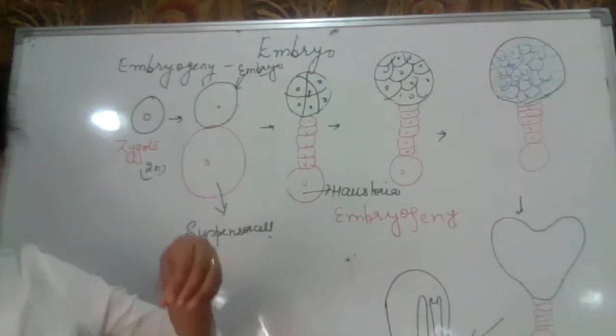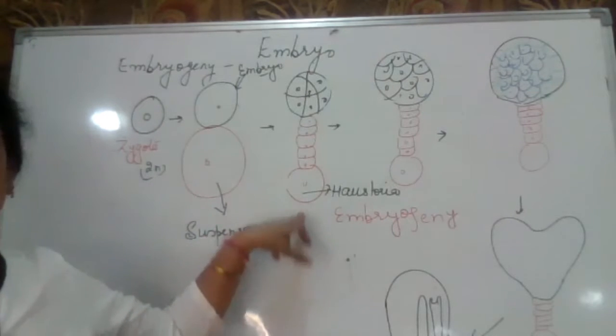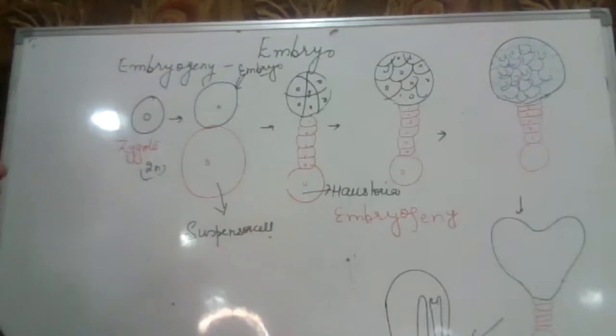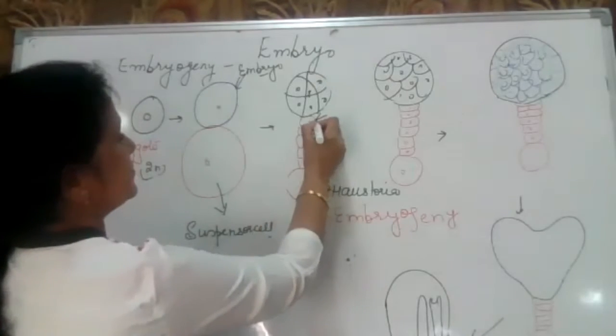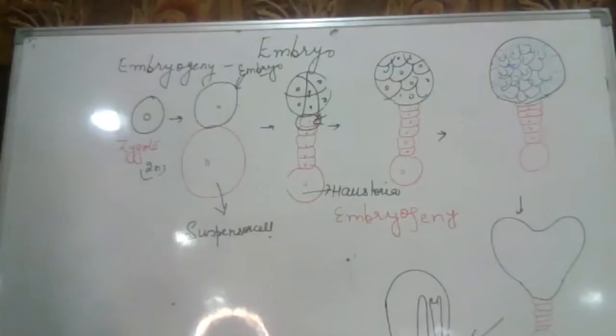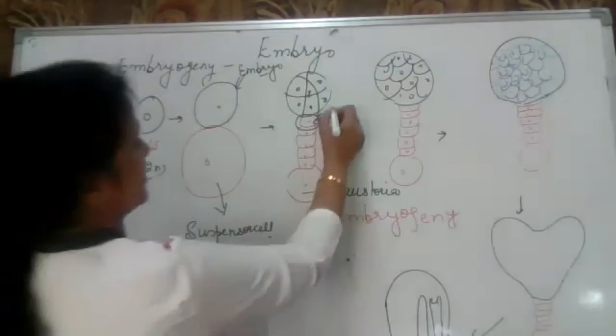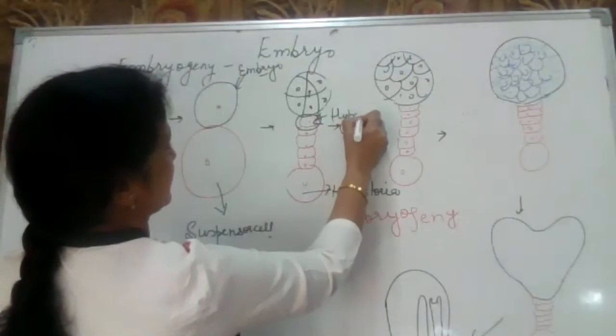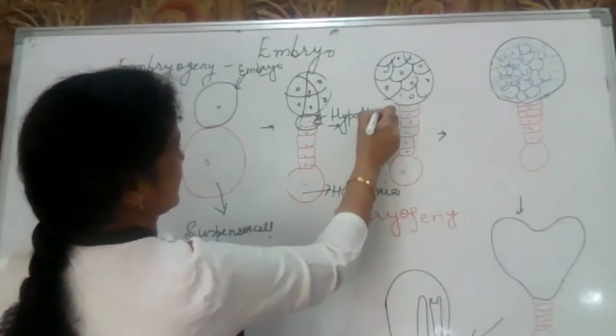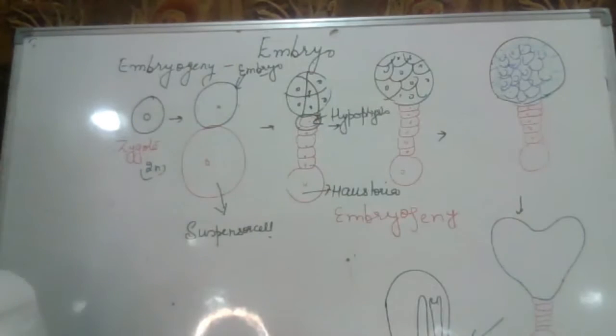And this uppermost cell is called hypophysis. This hypophysis is going to form the radicle and the root cap.